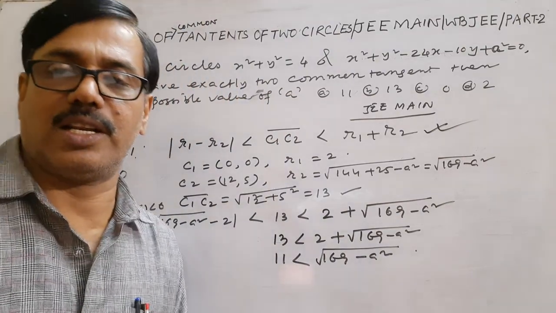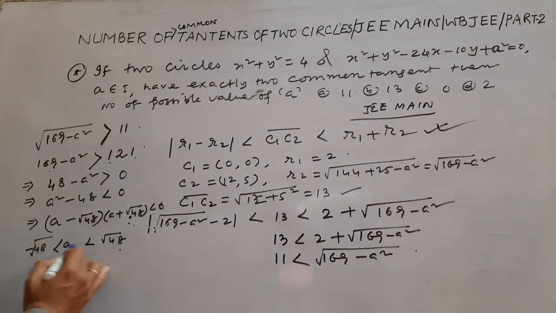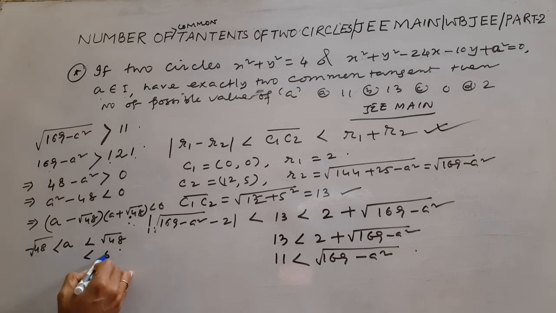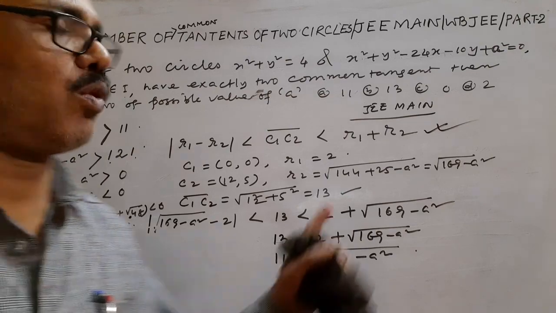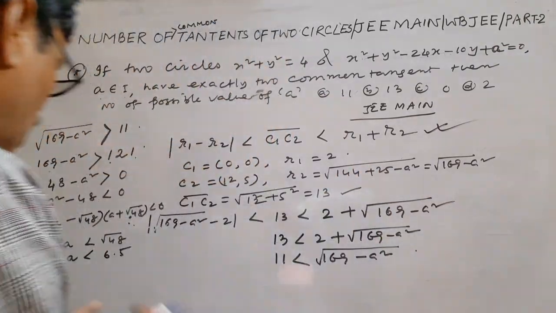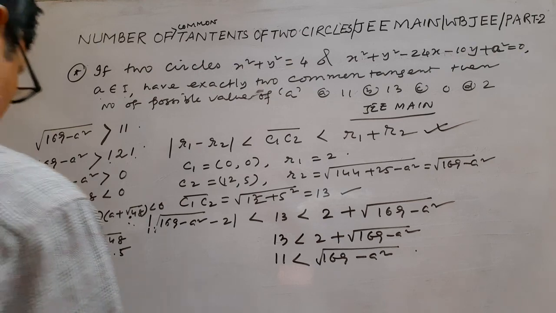Root 48 is less than 7, approximately 6.5. So a is less than 7 and greater than minus 7. We are taking only integer values, so no harm if we take an approximate value.